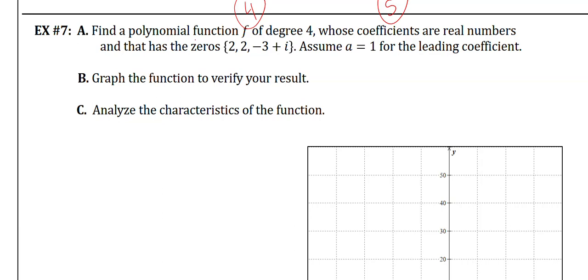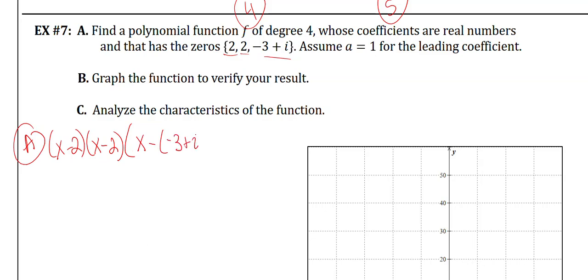Okay, so we're trying to find the polynomial, kind of what we did in a couple examples ago, with a degree of 4, and they give us 3 of the zeros, so we need to find the fourth. So if I'm making a polynomial out of this, I'm going to do x minus 2 for the first one, x minus 2 for the second one, and then for here, I'm going to do x minus (-3 plus i).